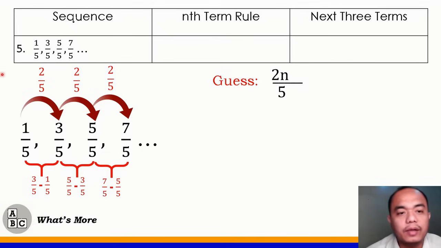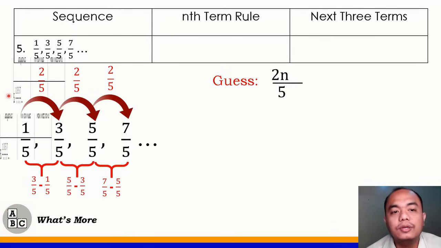So what could it be? So that becomes 2n minus 5n, maybe, so that it equals 1/5. So we will minus 1/5, right? So we will have to subtract 1/5.